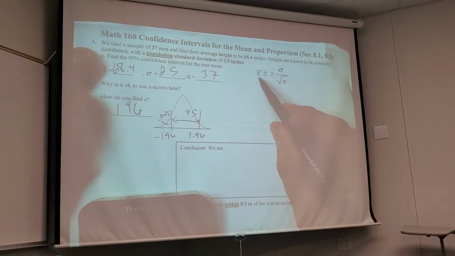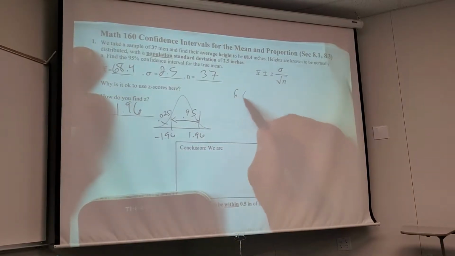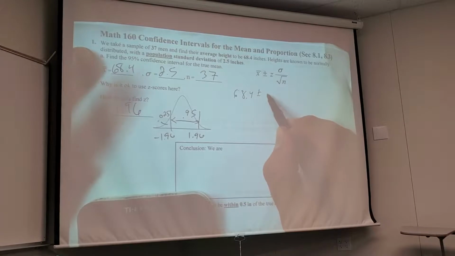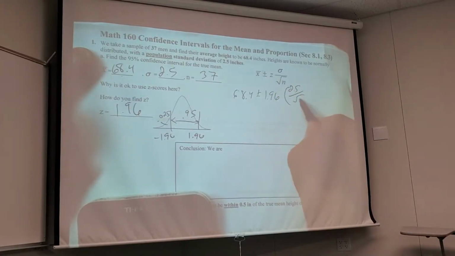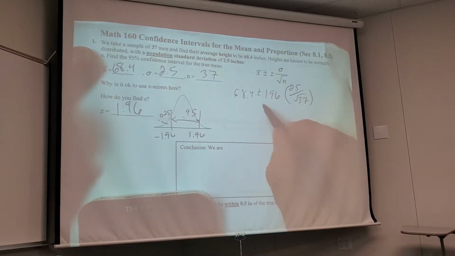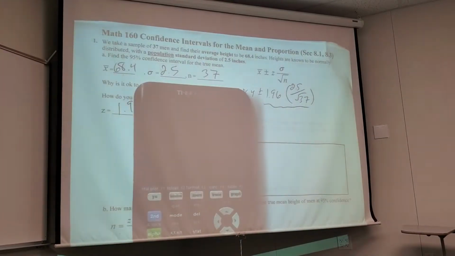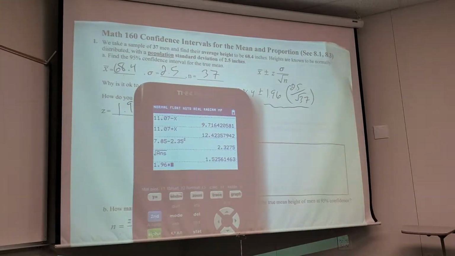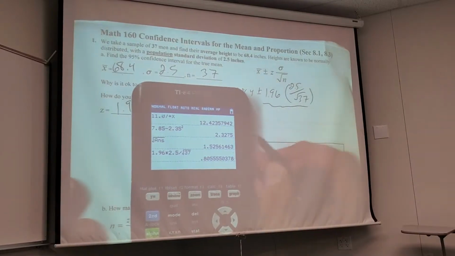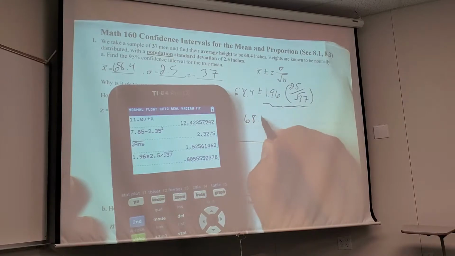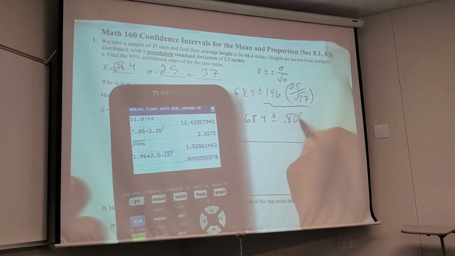Now, plug and chug. 68.4, give or take, this many steps. What do you guys get for the error? Yeah, I like it. So 68.4, give or take 0.806. That's fine.